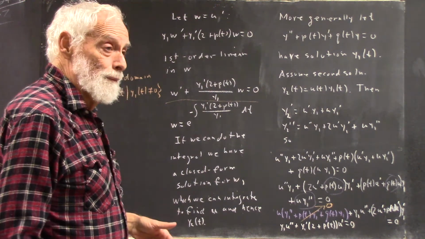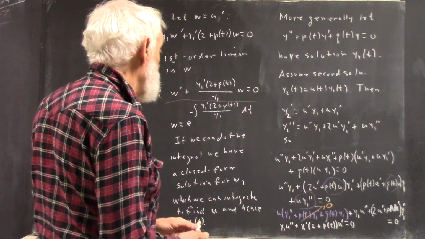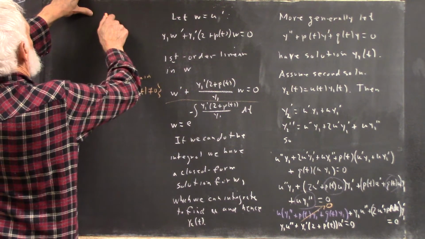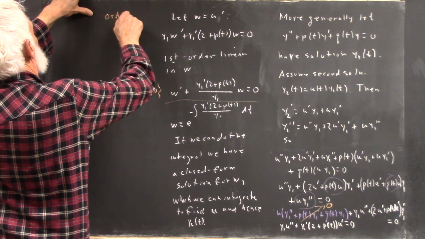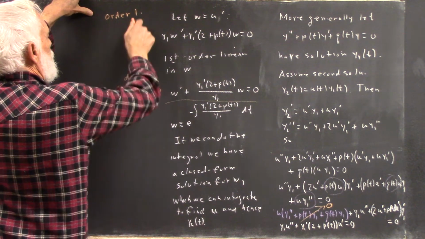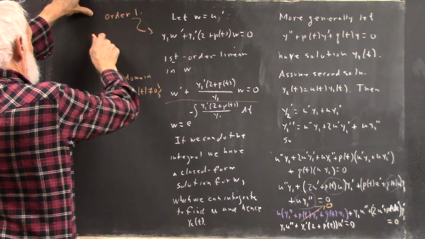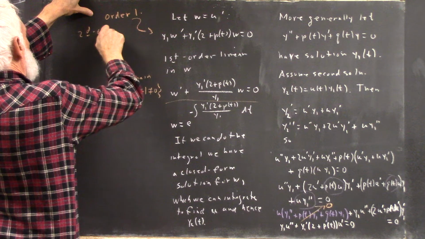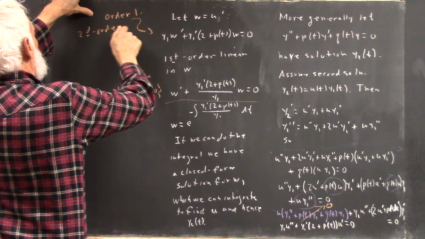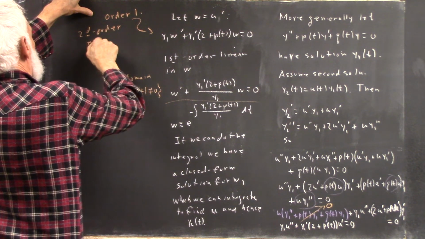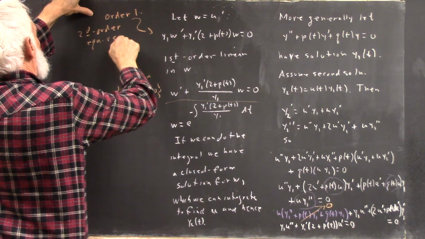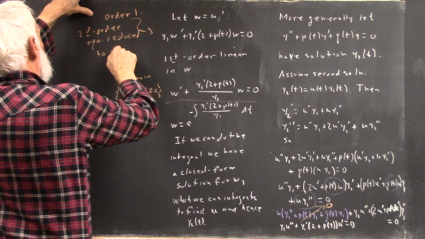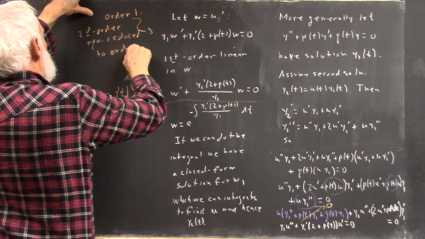So there it is. And we call this reduction of order. This equation has order 1. So you have your second order equation reduced to order 1.